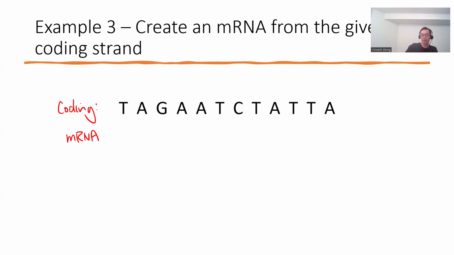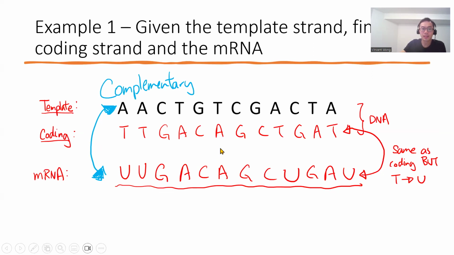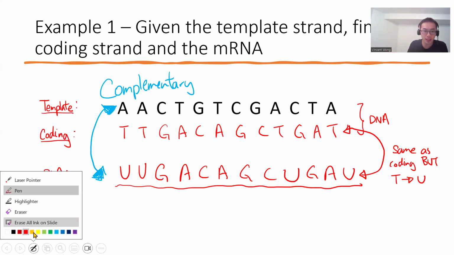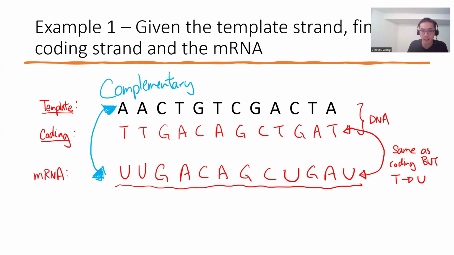Okay. Let's go back to here. Now you have the template and you have the coding, right? What's the relationship between template and mRNA? Complementary. What about the relationship between coding and mRNA? Look at the coding strand and the mRNA. Look at them.